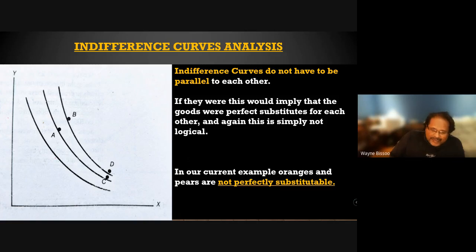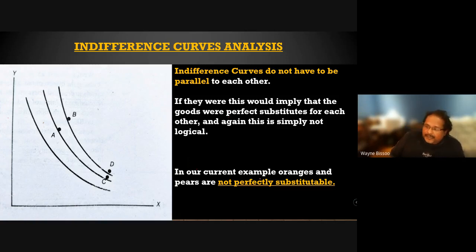But they do not have to be parallel to each other, because it means that the goods are not perfectly substitutable. They can actually be closer, like what you see here at one end and higher on another end. So they don't have to be perfectly parallel to each other, but they can't intersect.